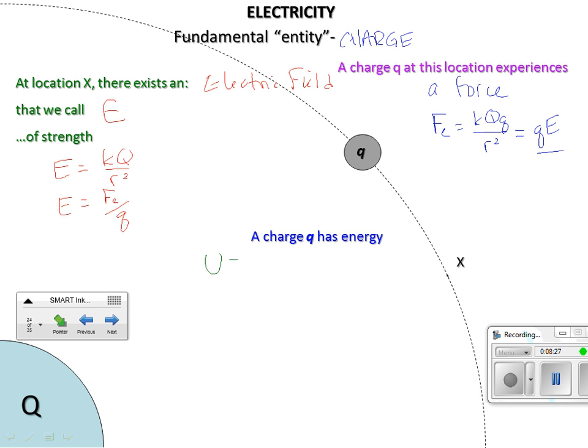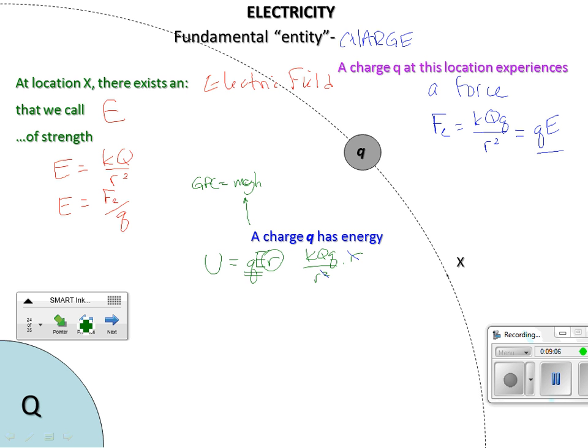And remember, GPE is mgh, well, the analog here is that instead of mass we use Q, instead of gravitational field we use electric field, and instead of H we use R. You rarely see it like that, so more often you'll see it as QE, that's the force, which is KQq over R squared, times this R, just like we did before for GPE.